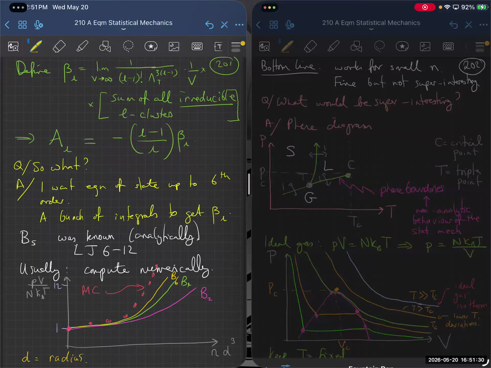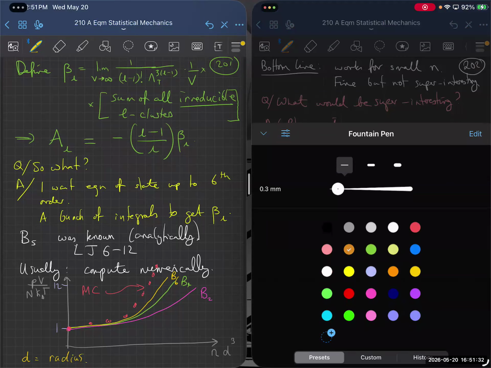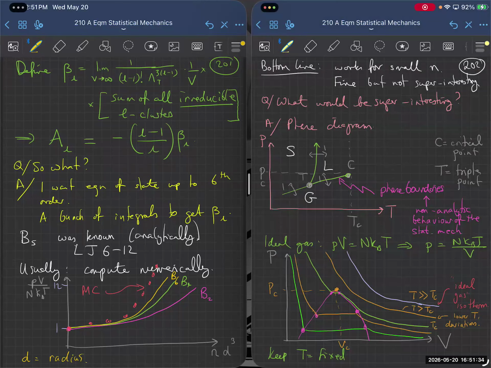This isotherm over here is T less than Tc, and this isotherm here is T much less than Tc. Okay, so that's what these represent.